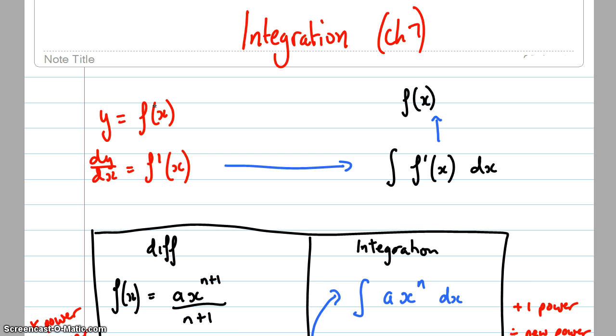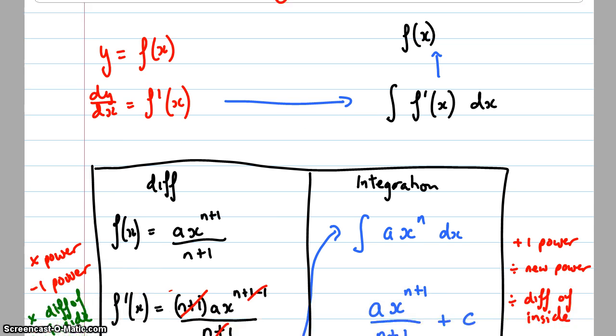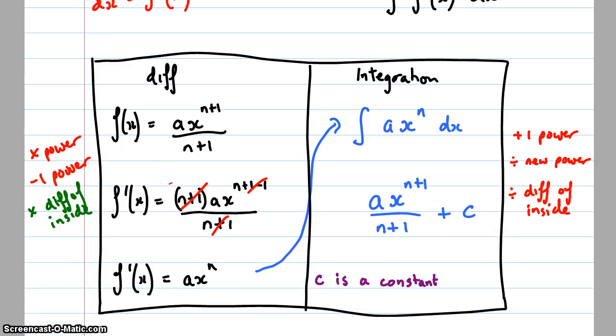Okay, so there are a couple of rules, a couple of things you need to know, and again I'm going to use differentiation as our platform. So when we do differentiation, imagine I've got f of x equals ax to the n plus 1 over n plus 1. When I do the derivative, I multiply by the power, I minus 1 from the power, and then I multiply by the diff of the inside.